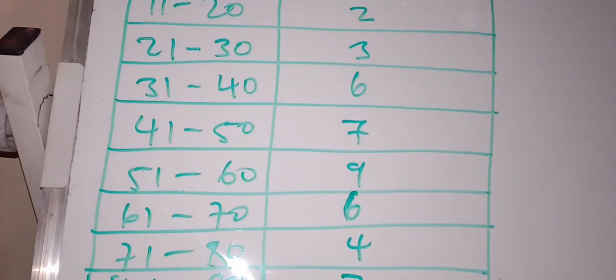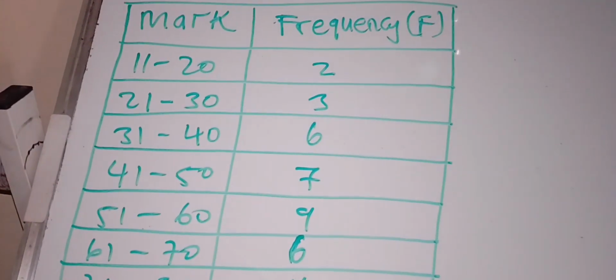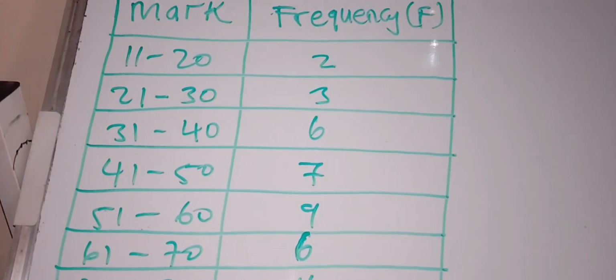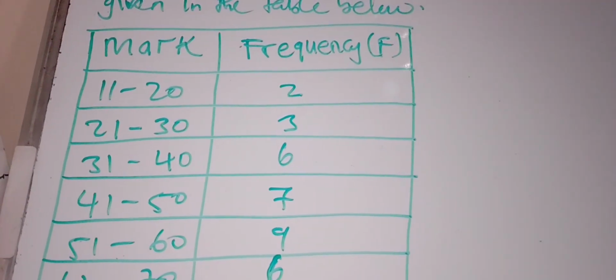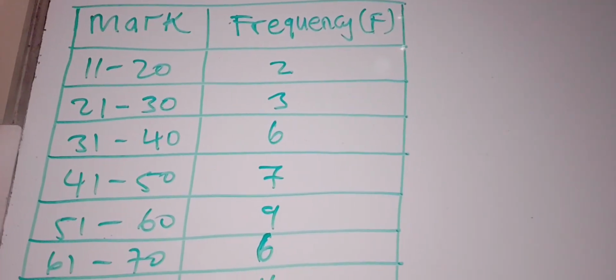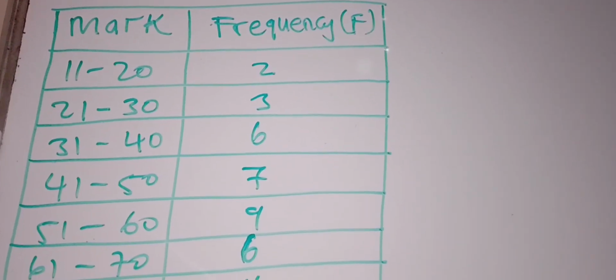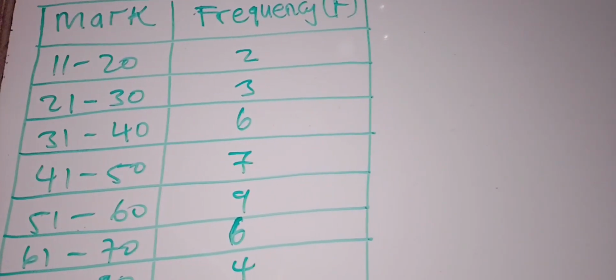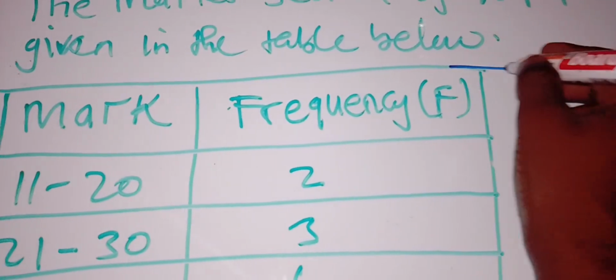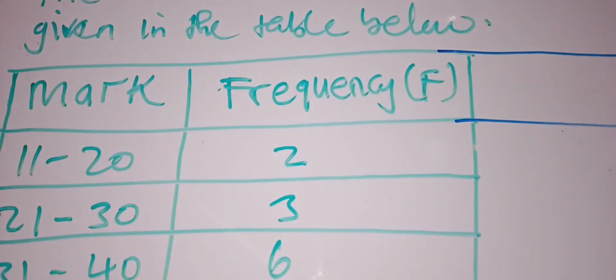They can ask you a question like, draw the graph showing how the marks are distributed, or draw the cumulative frequency graph or curve. How do we do that? You need to extend this same table.